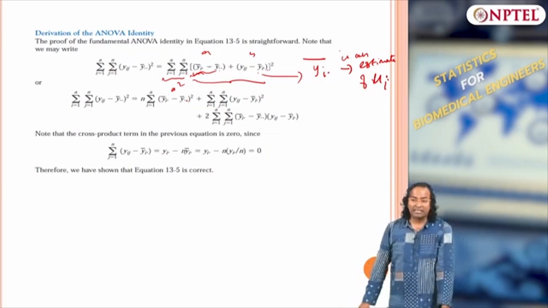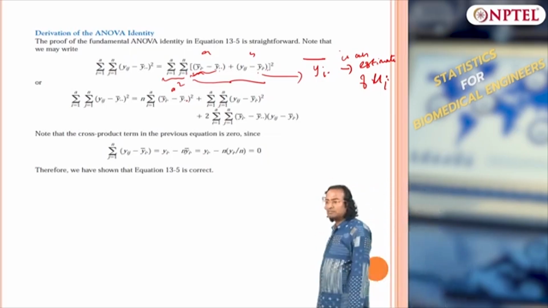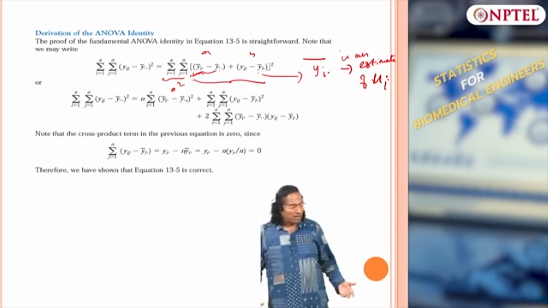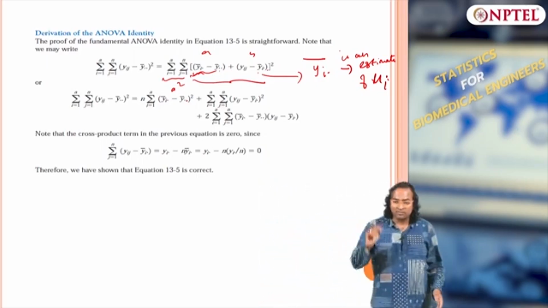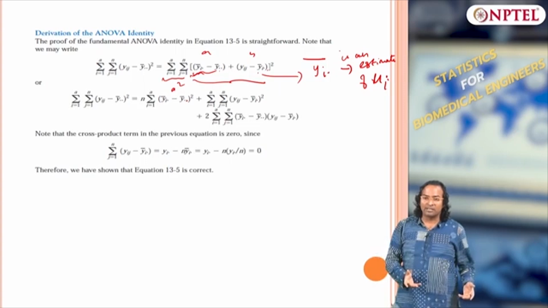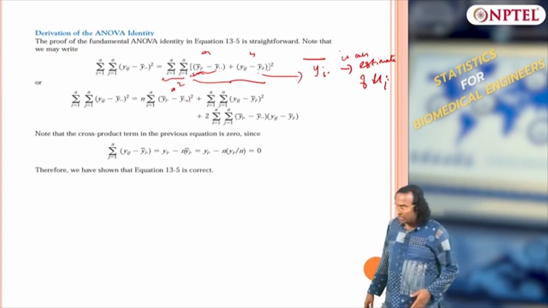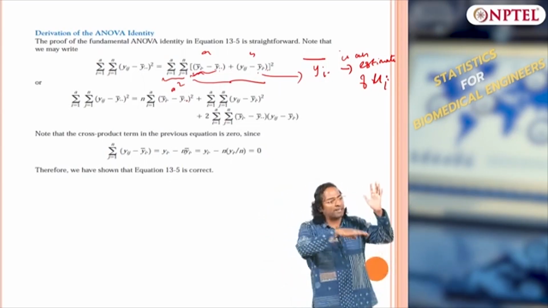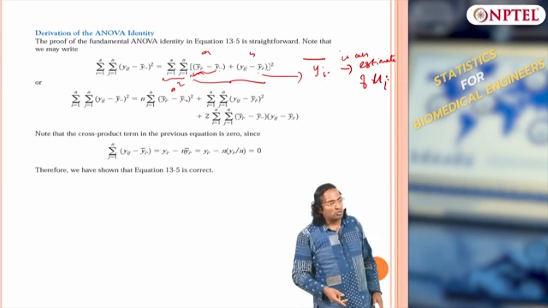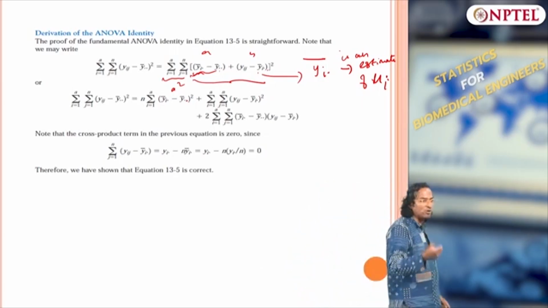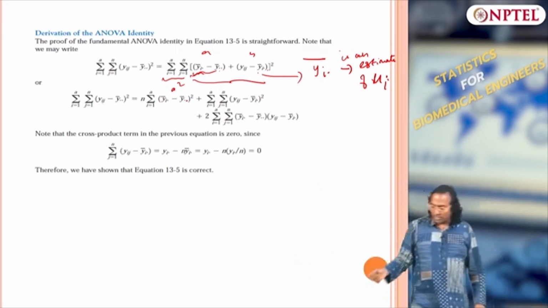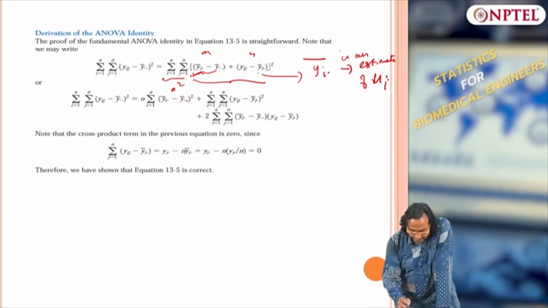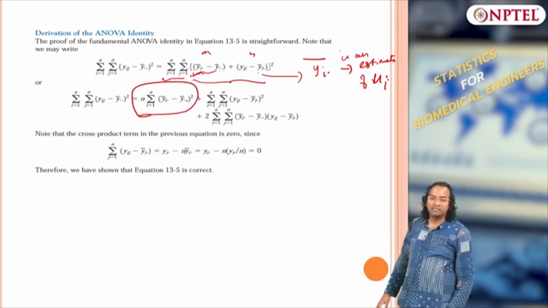Now look at this first term. Does it even contain j? No. So the summation of j equals 1 to n is n, because it is a summation along the j axis. The first term does not contain j at all, so it is already summed along the j axis. So that is what I have: n times summation i equals 1 to a of yi dot bar minus y bar dot the whole square. Everybody understand how I got this term?